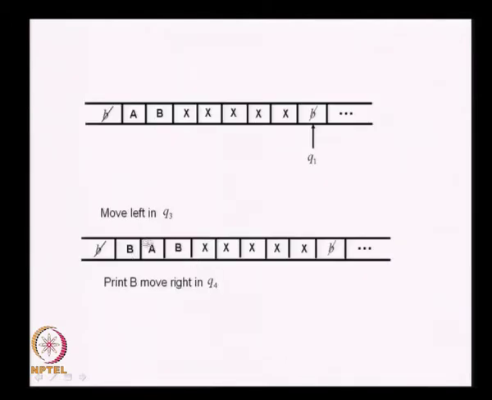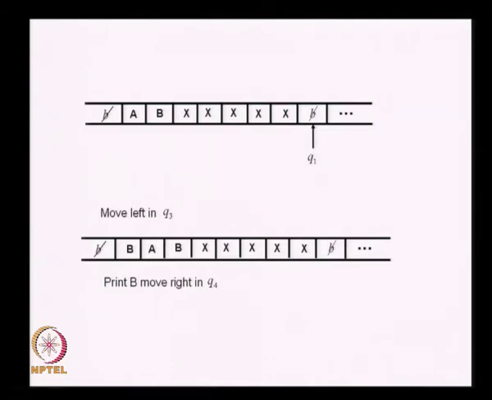Now, we have the binary representation of 5 here, BAB, and in Q4 it moves right looking for the next one to change, but it does not encounter a 1. There is no 1 here, all the ones have been changed to X. So, it reaches the blank symbol in Q4, that means it has converted all the ones into X's and the process is over.